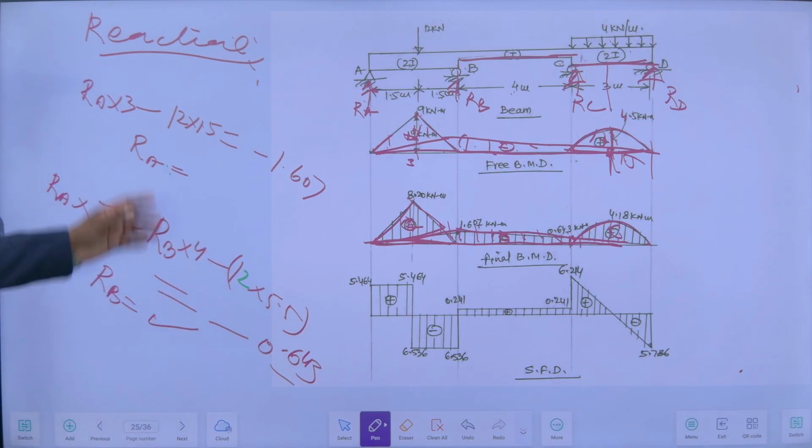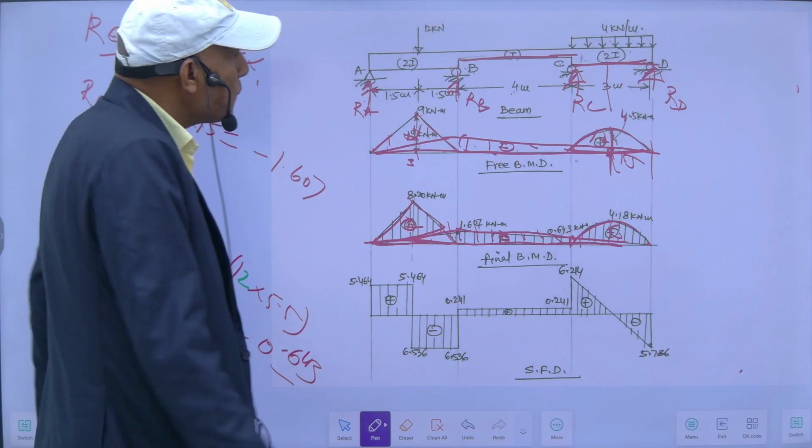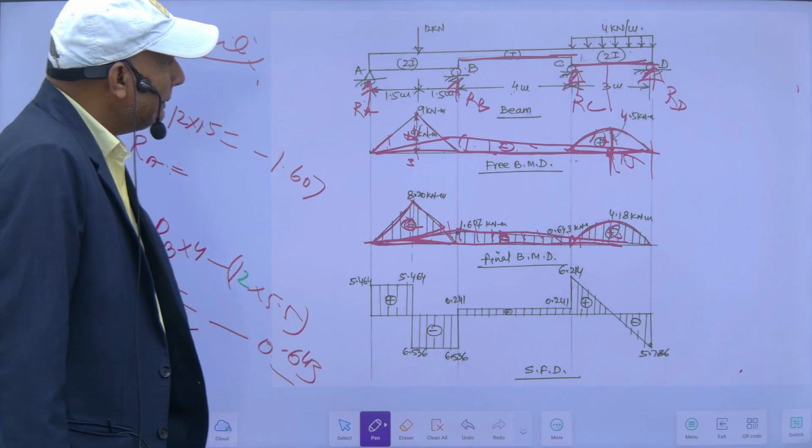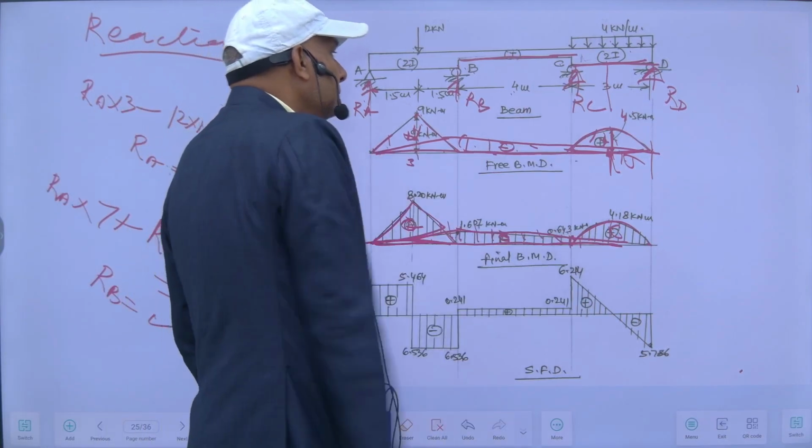RA and RB I know, and this RC I can find.